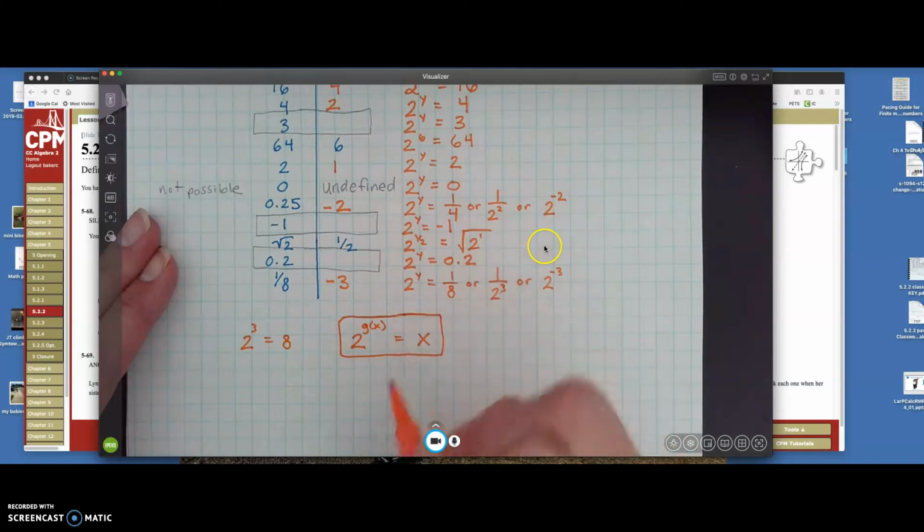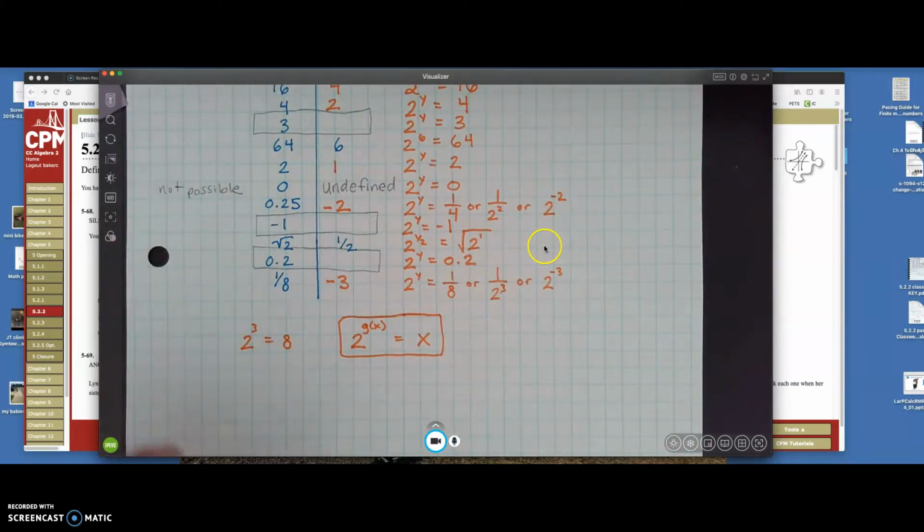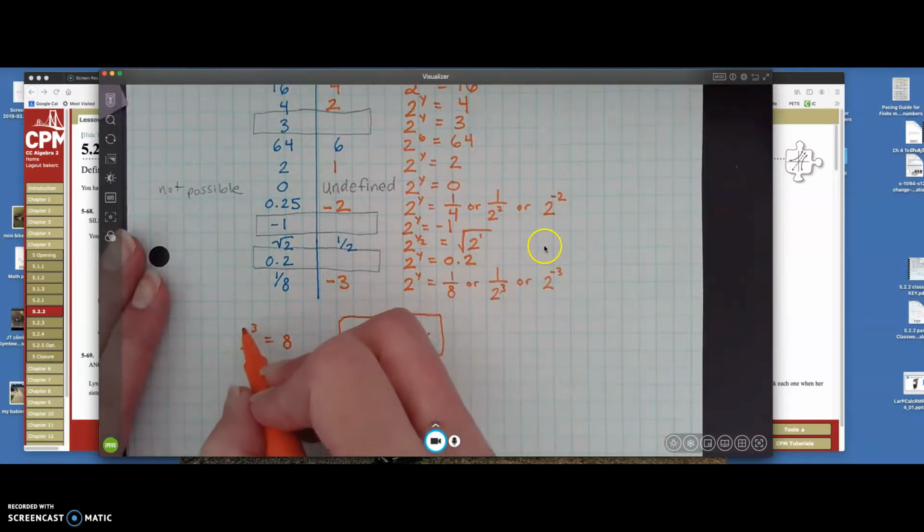Okay, but in math we have multiple ways that we can write functions, or manipulate equations that mean the same thing, and we're going to use it to our advantage. So this is where a logarithm comes in handy. So it says 2 to the 3rd power, this 2 to the 3rd equals 8.